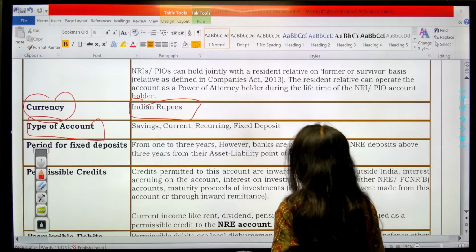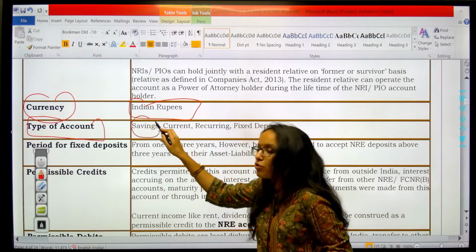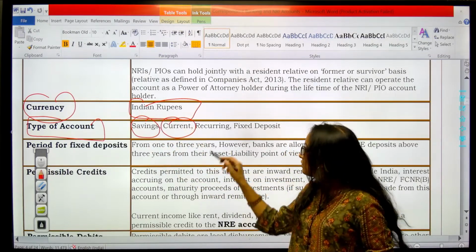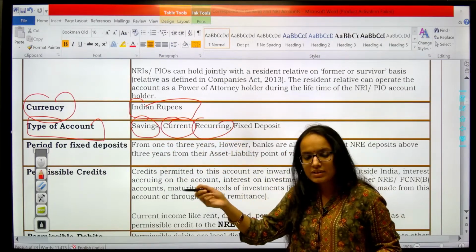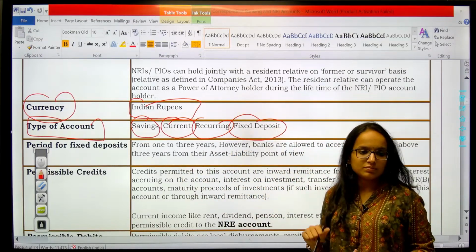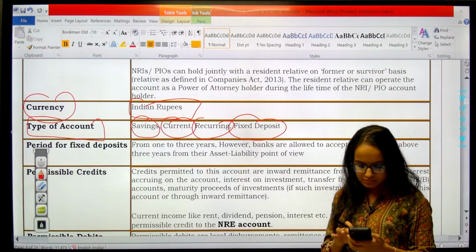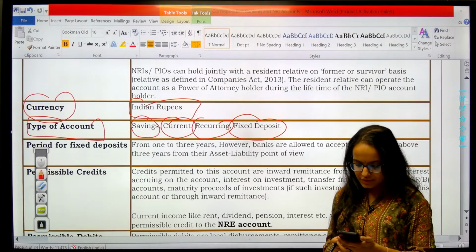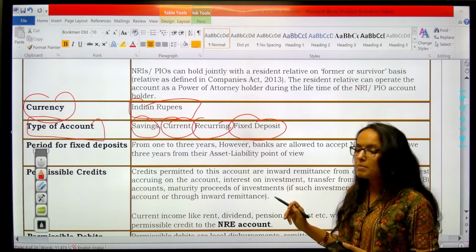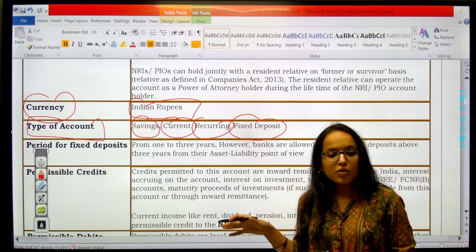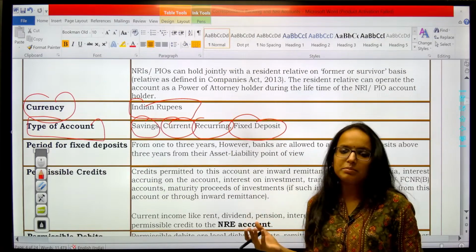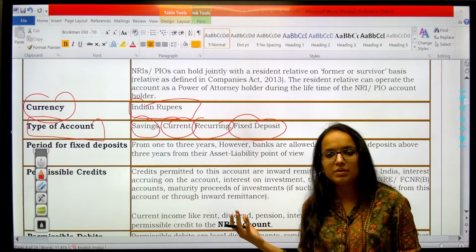NRE account can be opened in all these formats. It can be a savings account, a current account, a recurring deposit, or a fixed deposit. Is this clear? So remember that the NRE account can be of any of these types.